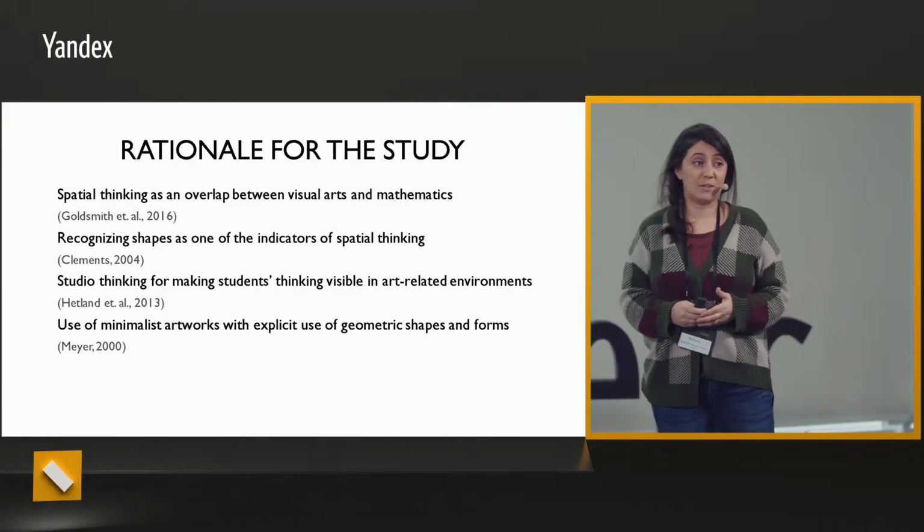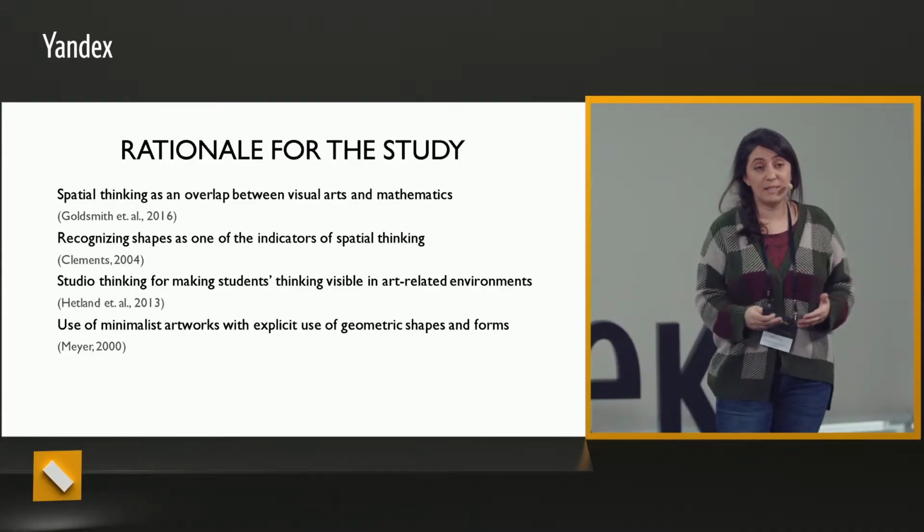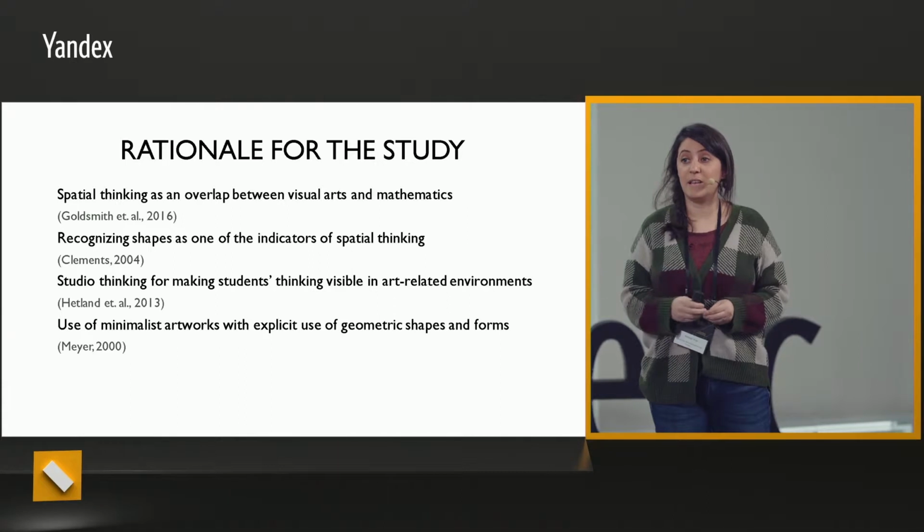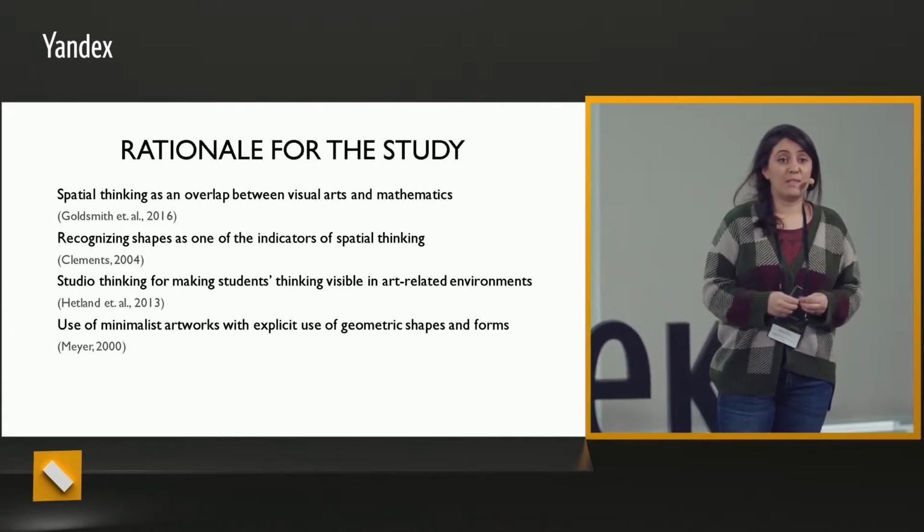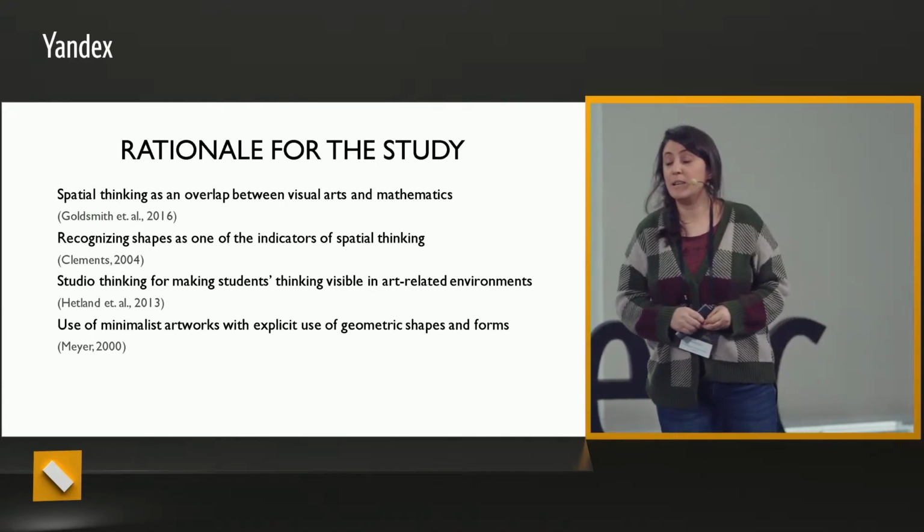Supportively, Winner and her colleagues in the OECD report discussed the popularization of arts and discussed methodological problems in these studies, and suggested to conduct systematic research with a theoretical base. We approached this problem by investigating spatial thinking processes, which is regarded as a concrete thinking process between visual arts and mathematics.